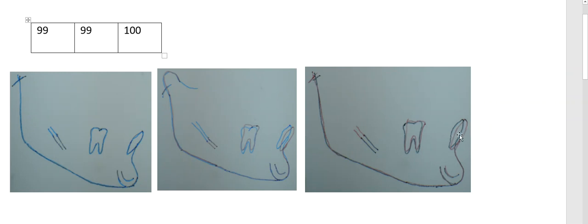Between the pre and the post, it makes sense that the IMPA should be the same, because it should correlate with the mid treatment; in the mid it was 99 and here there was no change, so it should correlate. But if I see the incisor position, though the IMPA is 100, the pre-treatment incisors, as they correlate here, should correlate in these two X-ray superimpositions too, but they are not correlating.